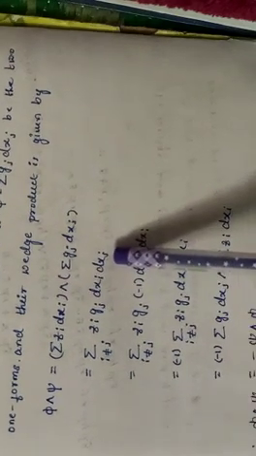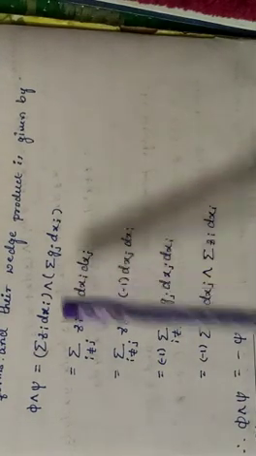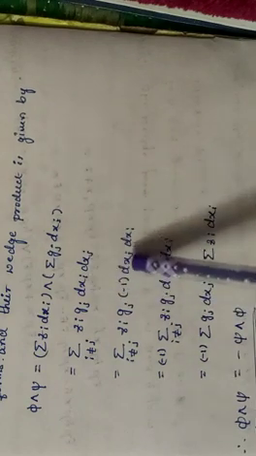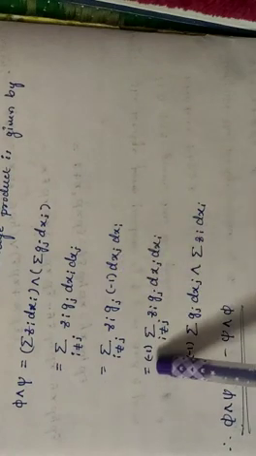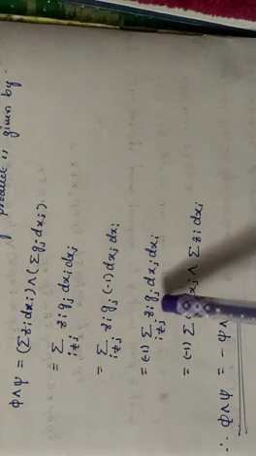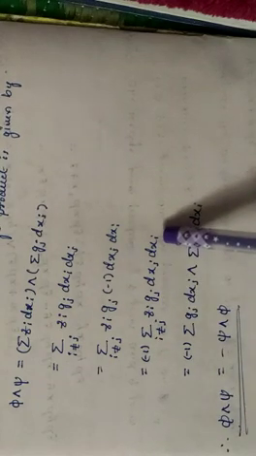We know that by using the anti-commutative property, this can be represented as minus 1 into dxj into dxi. Now we take minus 1 outside of the summation. Then the remaining is summation over i not equal to j, fi into gj into dxj into dxi.